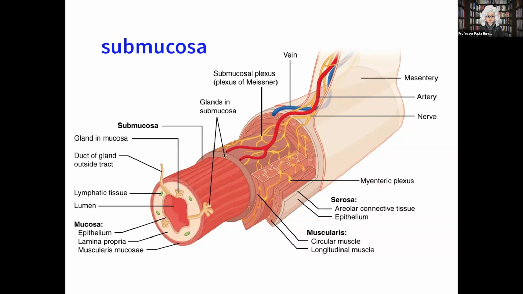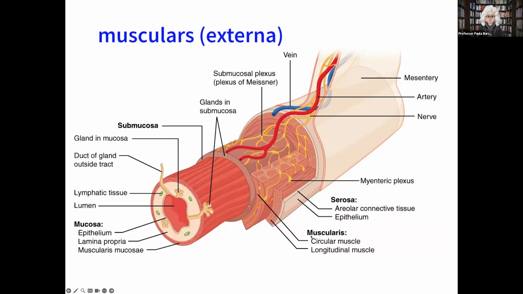The next layer, moving outward, will be the submucosa, and the submucosa will consist of blood vessels, lymphatics, and nerves, as well as dense connective tissue. The next layer is called the muscularis or muscularis externa.